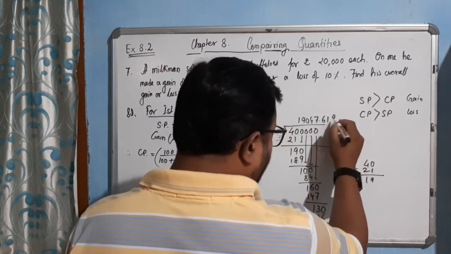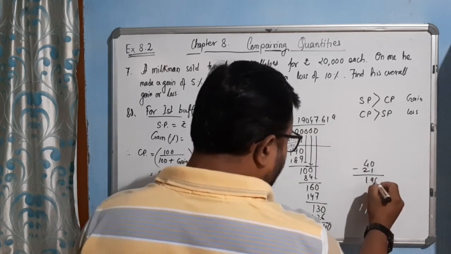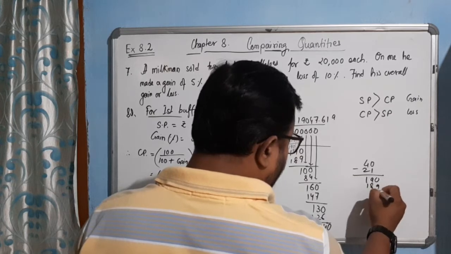Again we get 19, again we put 9, and in this way we keep on dividing.